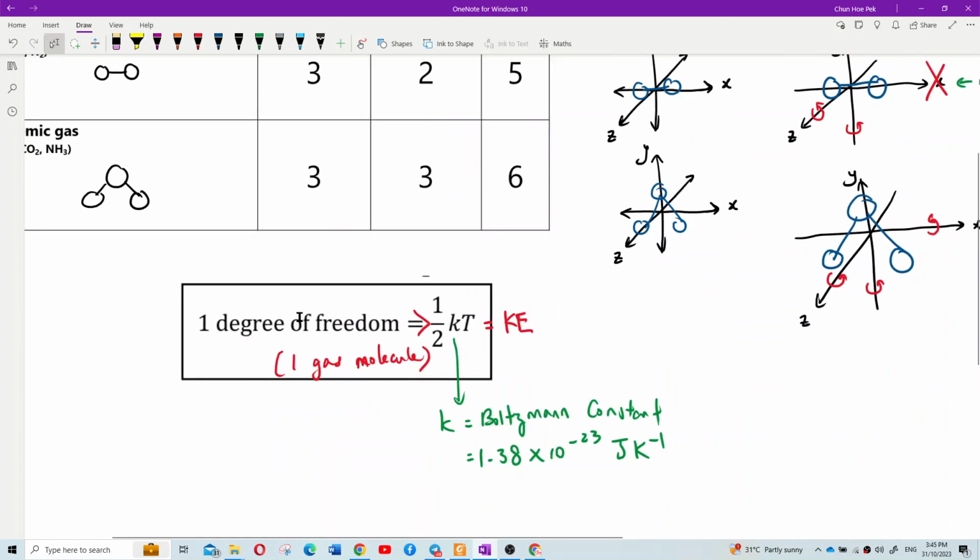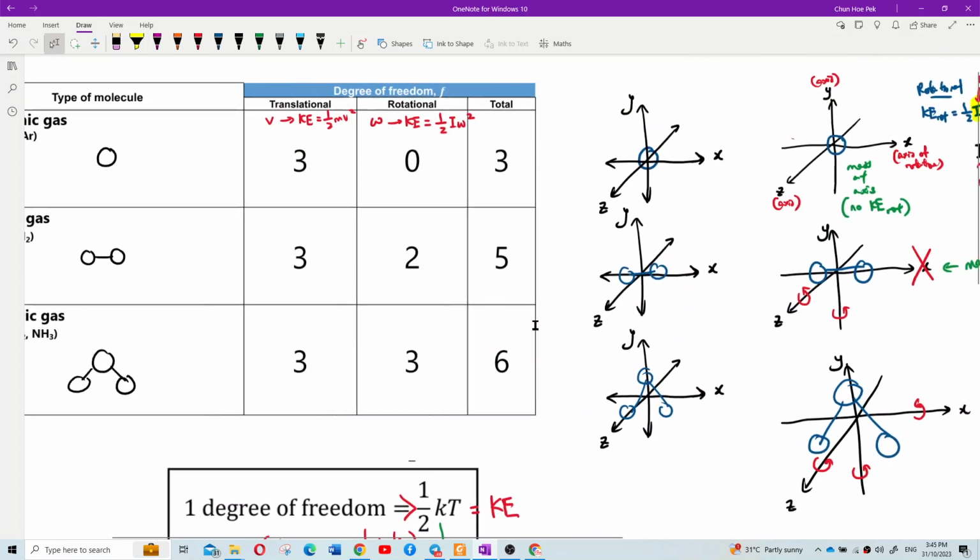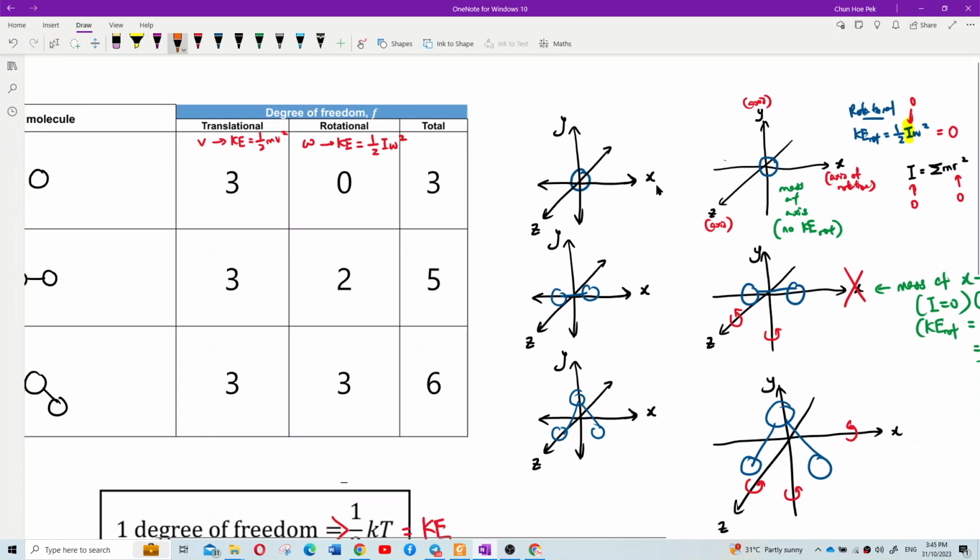That means 1 degree of freedom has half kT of kinetic energy. So in the x-axis, it stores half kT of kinetic energy. In the y-axis, it stores half kT. In the z-axis, it stores another half kT.